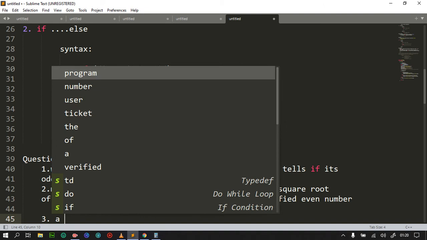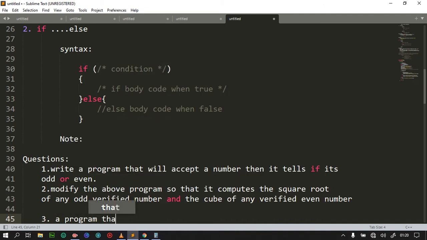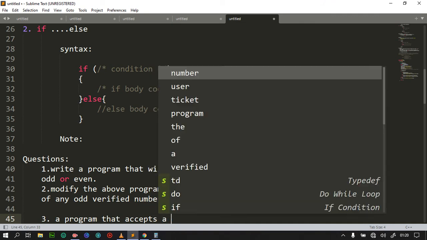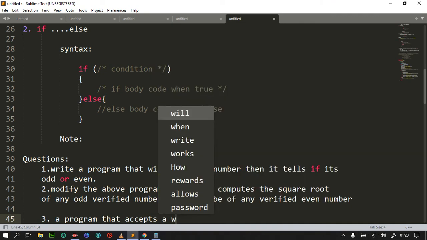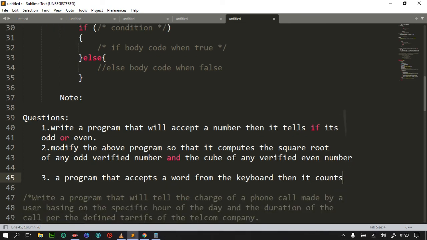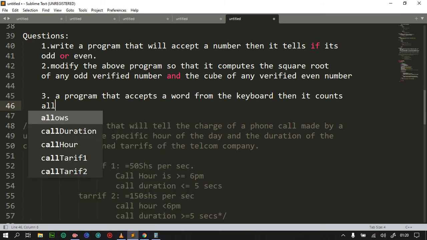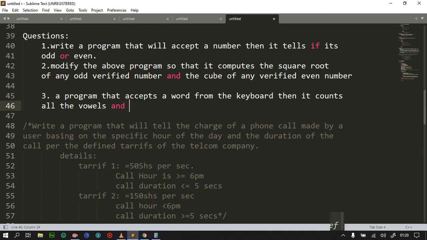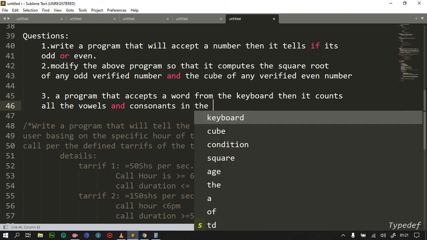Question 3, a program that accepts a word from the keyboard, then it counts all the vowels and consonants in the word.